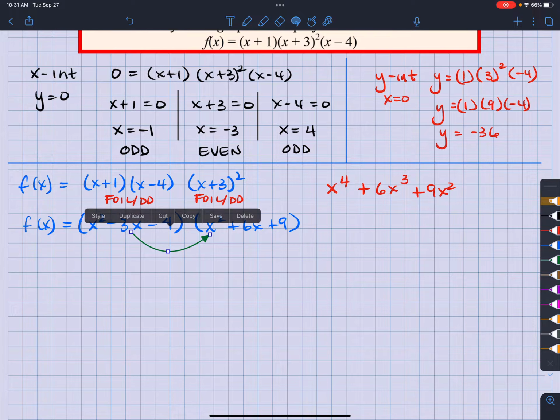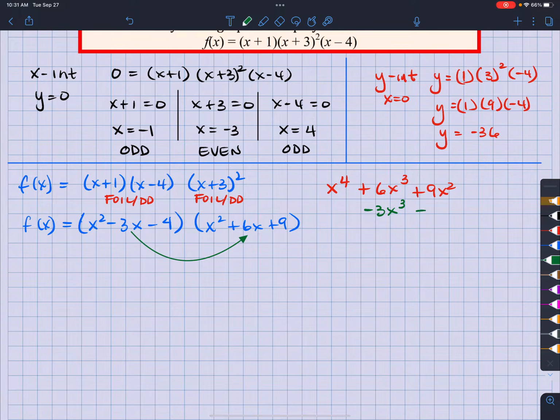Now let's distribute the -3x here. I'm going to get -3x to the 3rd minus 18x squared minus 27x.